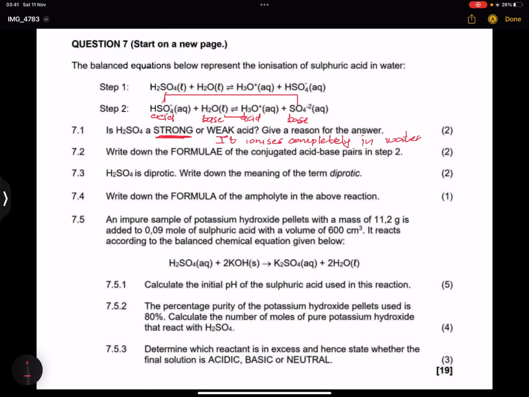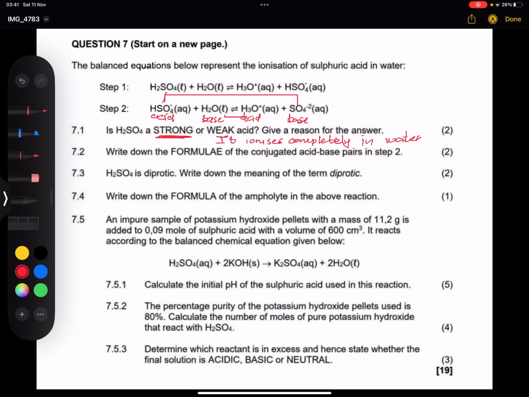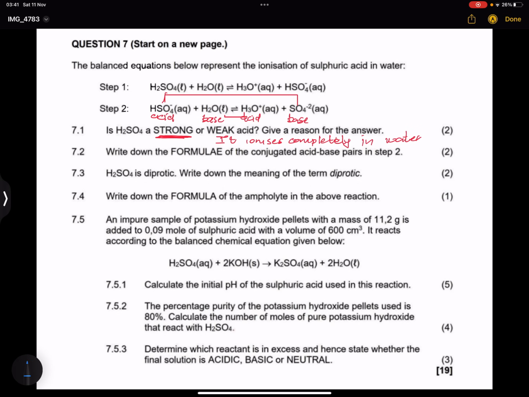So please remember, when you're writing acid-base conjugate pairs, what you should always keep in mind is that it's always the things that look the same, but just have the H as a difference, not H as in HE, as in HH, hydrogen. HSO4 minus as well as SO4 2 minus. That's our first pair. And our second pair will be H3O plus and H2O. That's our second pair.